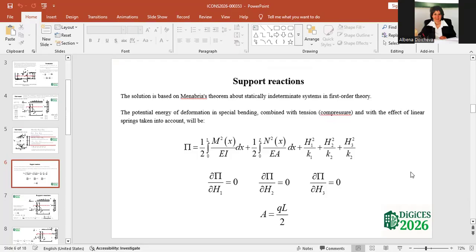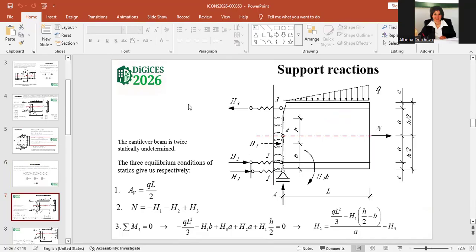In first order theory, the potential energy of deformation in spatial bending combined with tension-compression, with the effect of the linear spring taken into account, is given here. The cantilever beam is twice statically indeterminate.